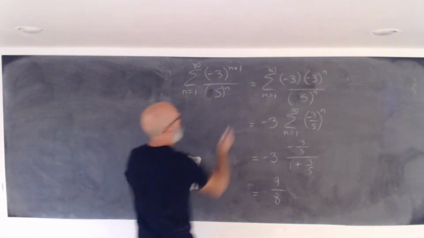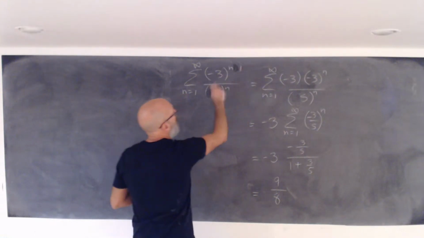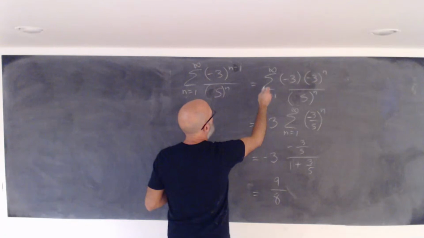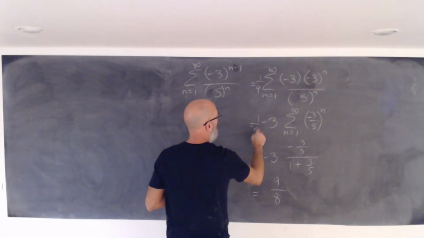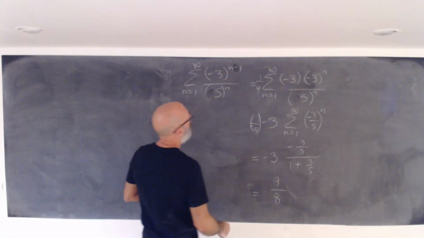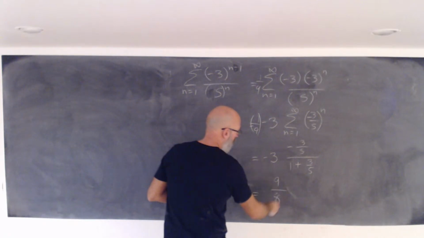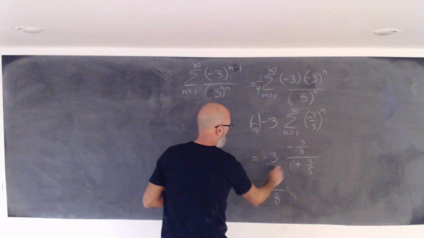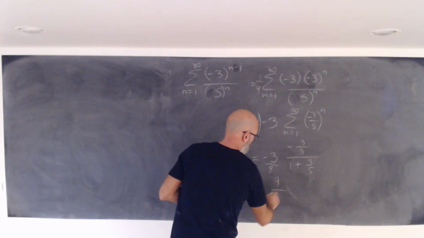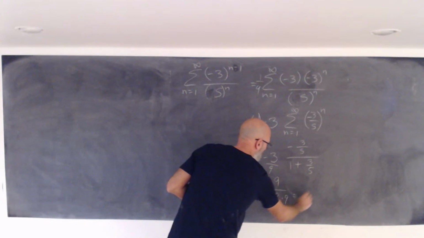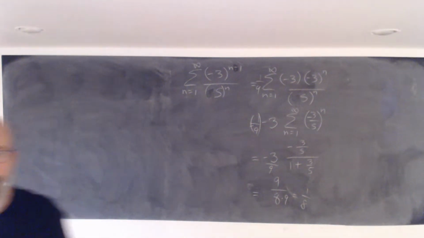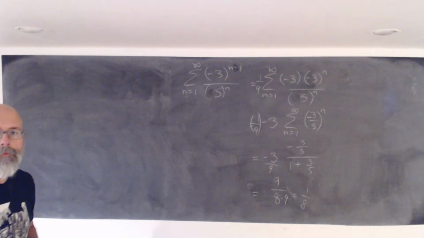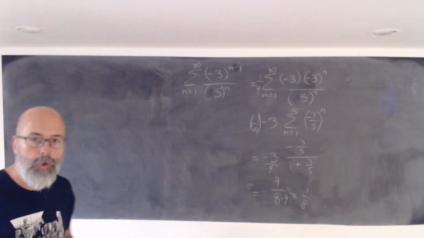If you're saying it's minus instead of a plus, you're just going to divide by 9 instead. And then you'll get 1 over 8. Yeah, there it is, 1 over 8.